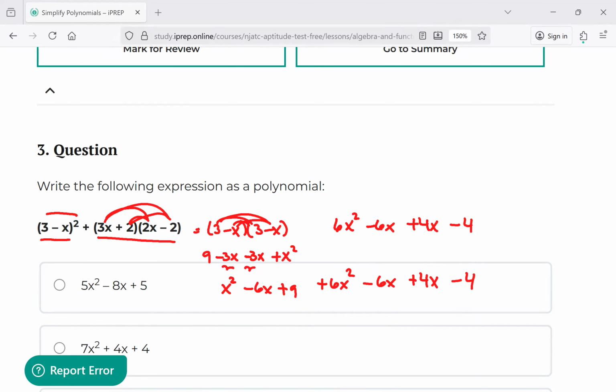Then it's all about collecting like terms. So we have 1x squared and a 6x squared, that's 7x squared. And then what about our x's? We have a negative 6x and a negative 6x and a positive 4x. Negative 6x and negative 6x is negative 12x, plus 4x is negative 8x.